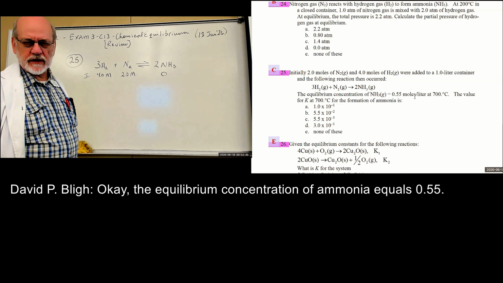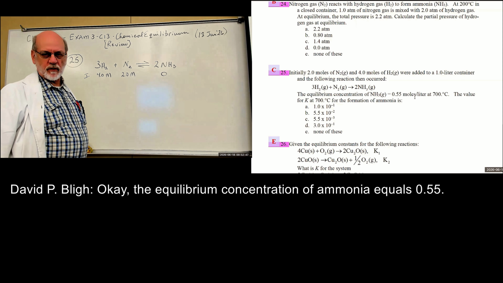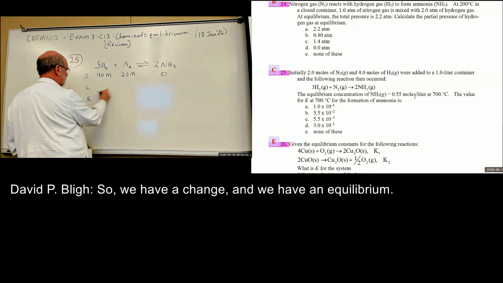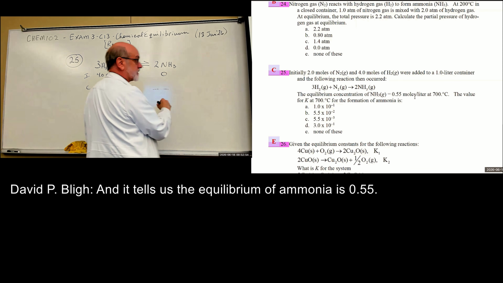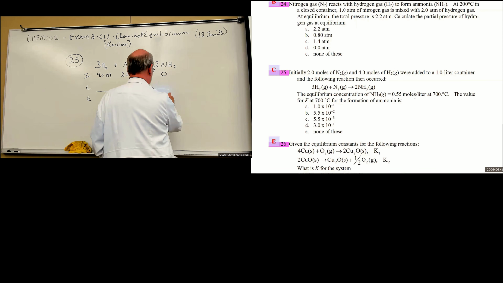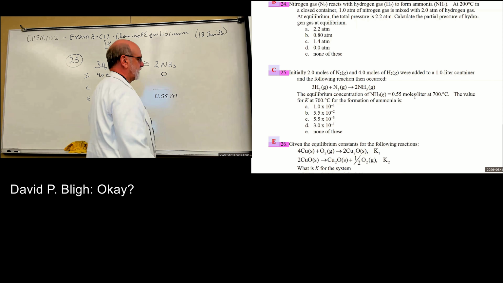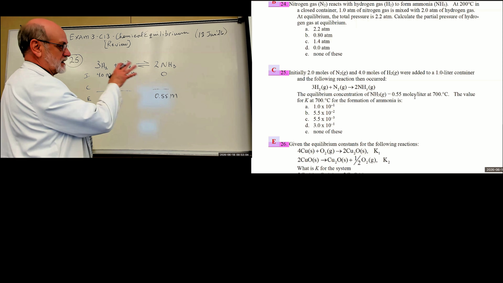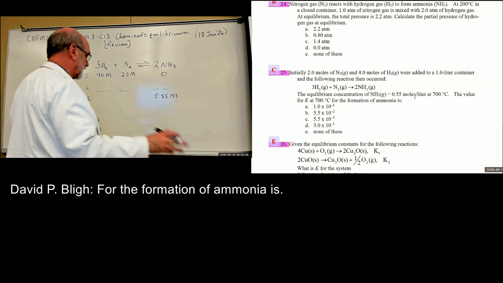Okay, the equilibrium concentration of ammonia equals 0.55. So we have a change and we have an equilibrium. And it tells us the equilibrium of ammonia is 0.55 molar.